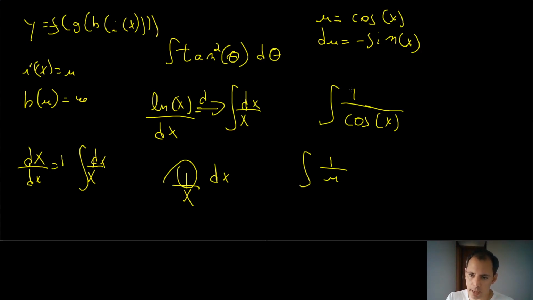The sign doesn't matter, but if you had a sine of x in here, you could say that this thing equals minus du over u. Now, in this case, the integral is going to be minus ln of u, right?